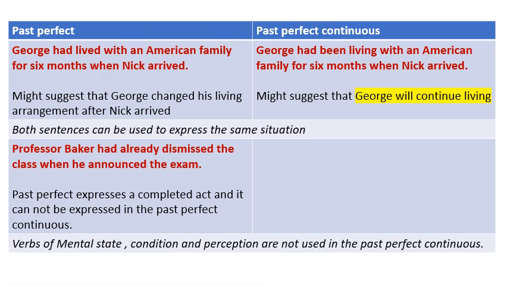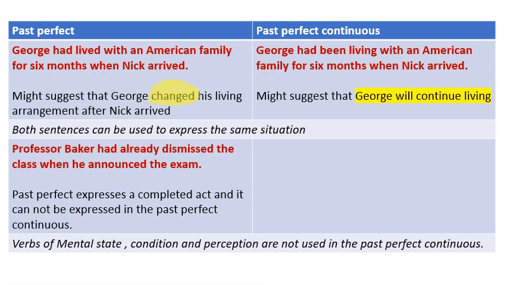You see that the first one is in the past perfect, and this might suggest, by the way, students, it's not for sure, but it might suggest that George changed his living before the arrival of Nick.